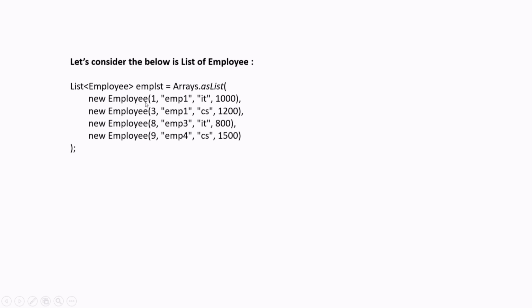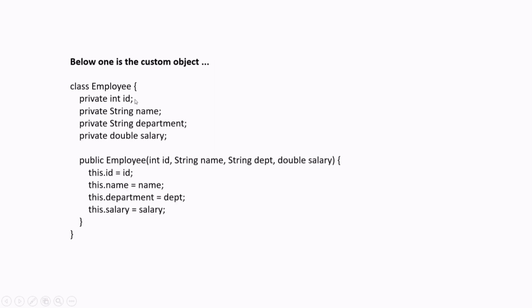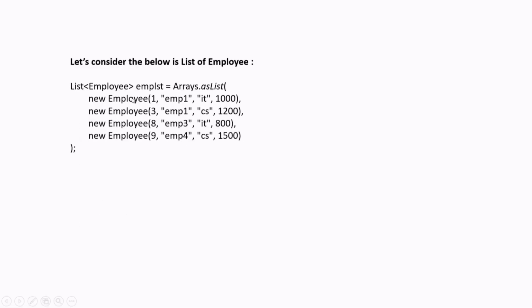We have prepared 4 employees. Each employee has an employee ID, employee name, the department the employee belongs to, and salary. For example, employee ID is 1, employee name is employee 1, department is IT, and salary is this. Just like that, for the other employees we have filled in the data.